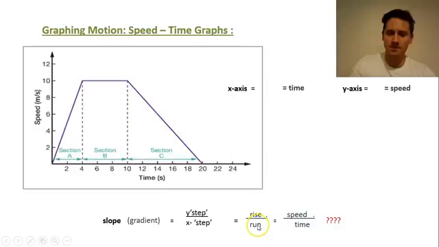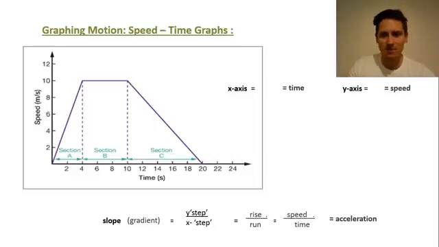Rise over run, the rise going up is speed and the run going across is time on the bottom here. Now, speed divided by time is actually how you calculate acceleration, change in speed over time. That's the formula, so that's why it works on this graph.